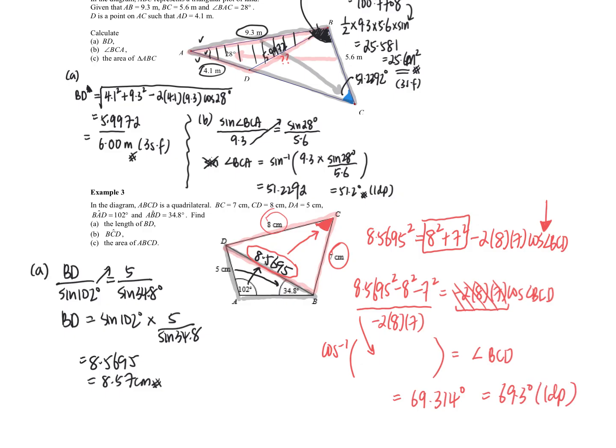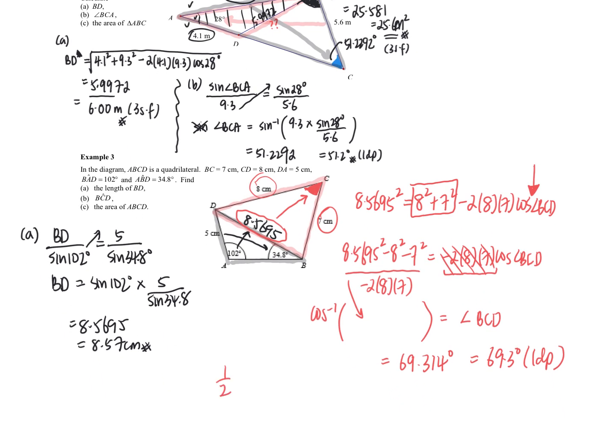Each part half AB sine C. So you will have half AB sine this angle for the top triangle and then half AB sine C for the bottom triangle. Yeah, so we can just apply half AB sine C to any triangle.